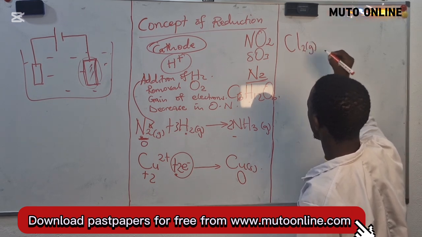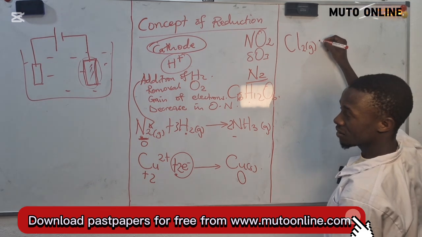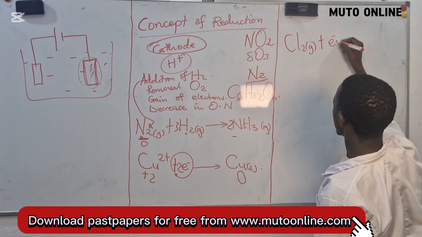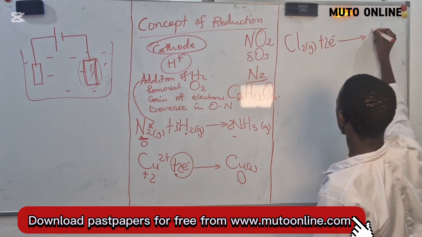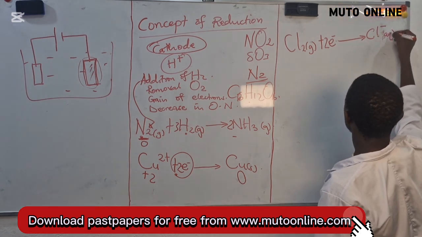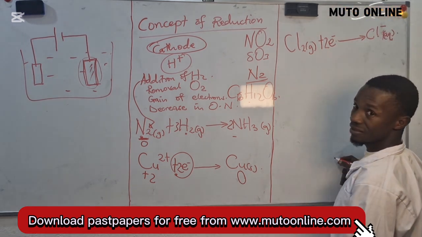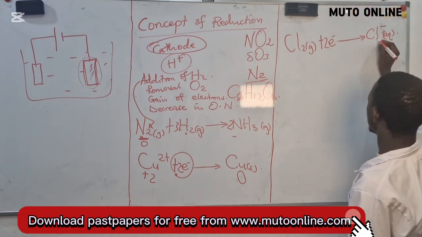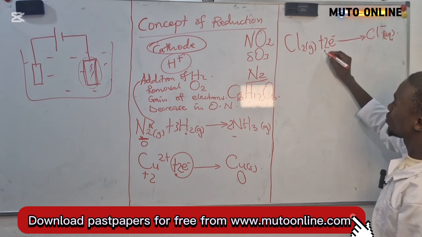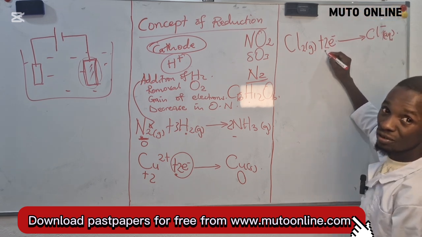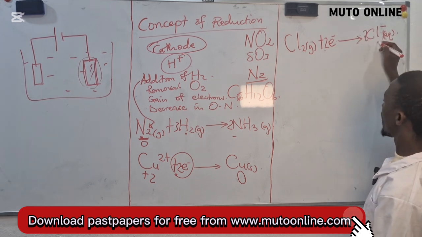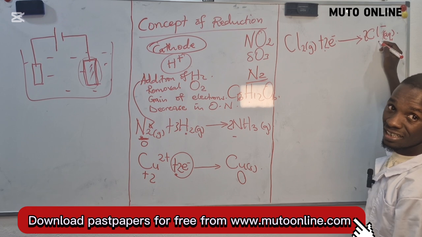For example, chlorine will always need to gain electrons such that it becomes a chloride ion. Remember, this is a reduction reaction. Why? It is a reduction reaction because there is gaining of electrons, and two, we are going to notice a decrease in the oxidation state.